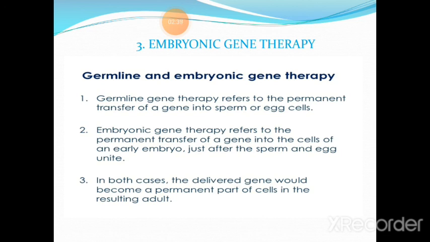Embryonic gene therapy refers to the permanent transfer of a gene into the cells of an early embryo soon after fertilization. Whereas germline gene therapy, as I have told you, refers to the permanent transfer of a gene into sperm or egg cells. Whereas in embryonic gene therapy, the gene is transferred to a zygote soon after the union of sperm and egg. Whatever the case may be, in both, the delivered gene would become a permanent part of the cells in the resulting adult. Okay.